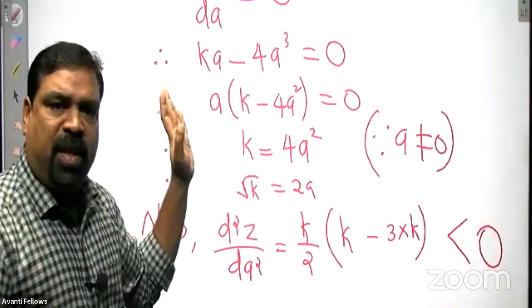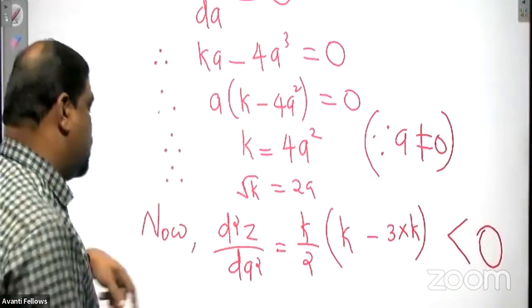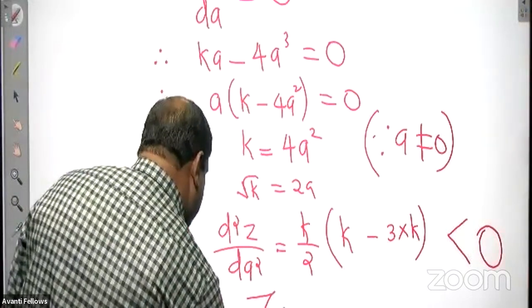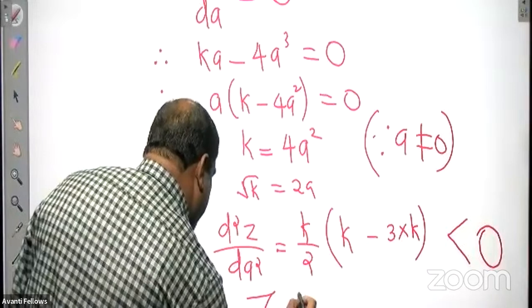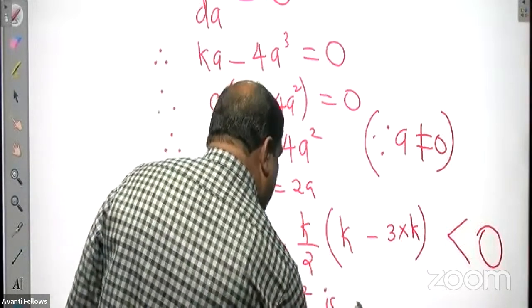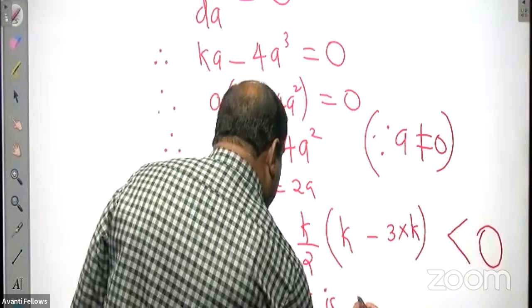So what is the conclusion? Z stands for a square, the square of the area, is maximum.